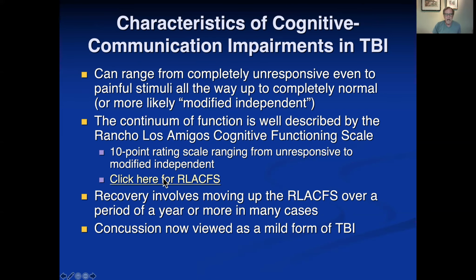A generalized response, which is level 2, means that the person will respond to intensive stimulation, but they'll respond in the same way regardless of where the stimulation occurs. One thing I like to do is use ice. Neurologists will use painful stimulation, like pressing real hard on the sternum with their thumb.